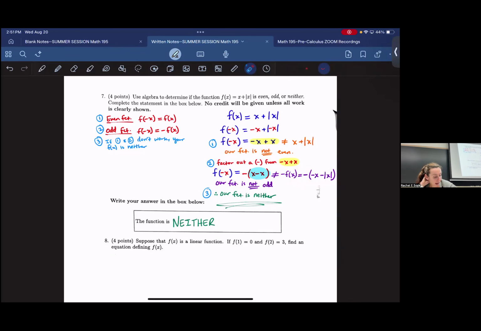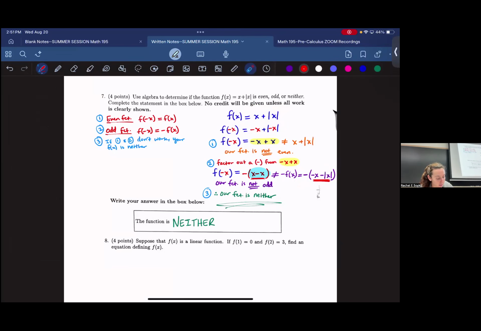So our negative of our original function is factoring out a negative value from our original function, but when we factor out we're keeping it, like we're not changing it, we're just manipulating it. We pull out the negative, but it doesn't change it. If we put the negative back in, we still get back our x plus. The reason why I did this was just to really show you guys that what we have inside parentheses here are clearly not equal to each other, which means it's not odd.